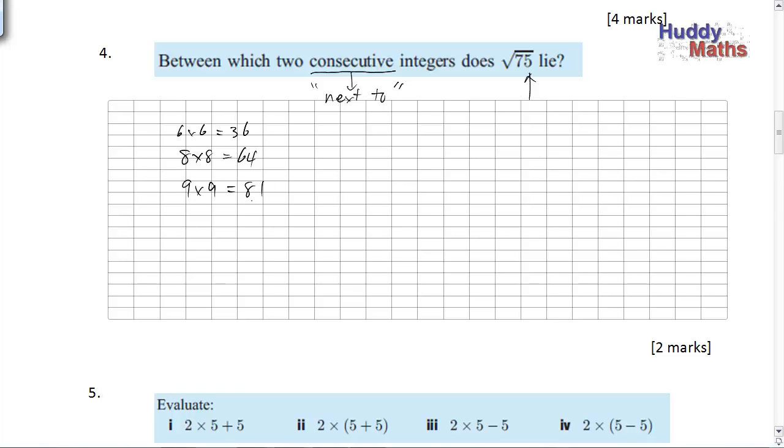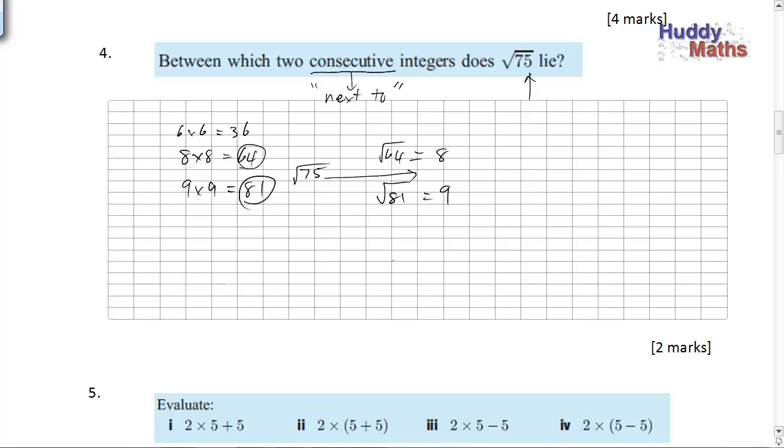Okay, so that means what we've got there is 64 is too small, 81's too large, 75 is somewhere in the middle. But we know the root of 64 now, because we've seen that 8 eights are 64, so the root of 64 is 8, and the root of 81 is 9. So there's our answer. Root 75 is somewhere in there.